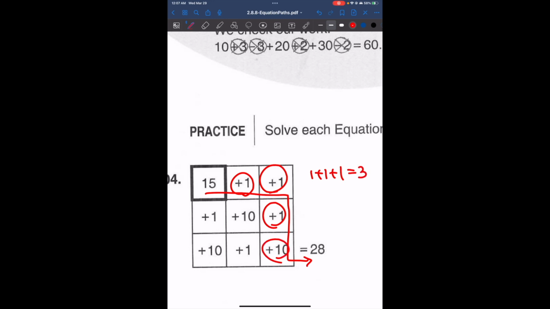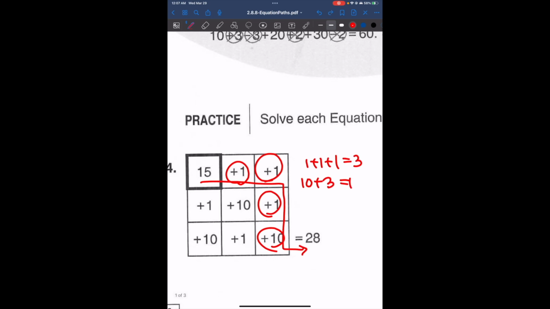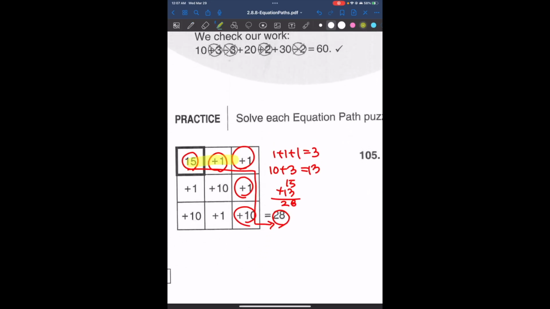And then we add our 10. So 10 plus 3 equals 13, right? And so we got what we wanted. The sum of all the numbers involved in the path is 13. And so 15, the starting number, plus 13 equals 28, which is our final number. So our path was like this.